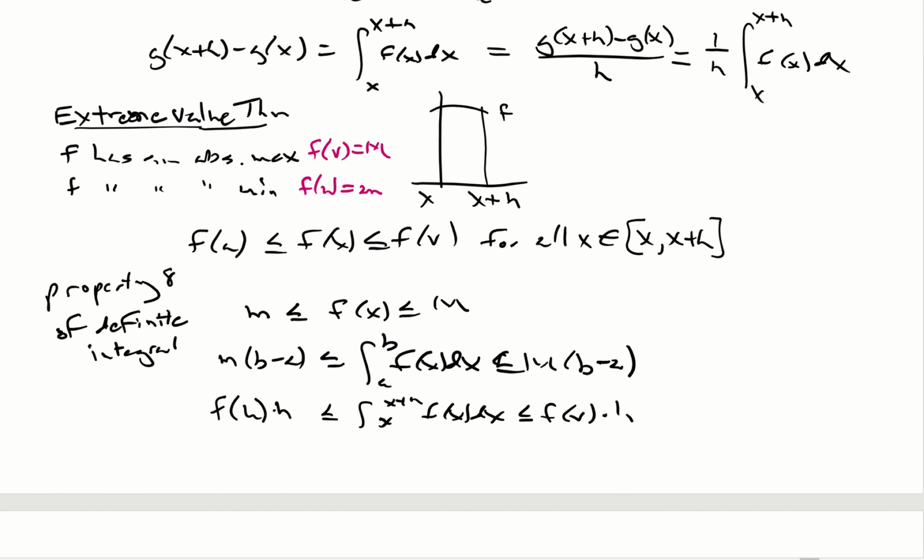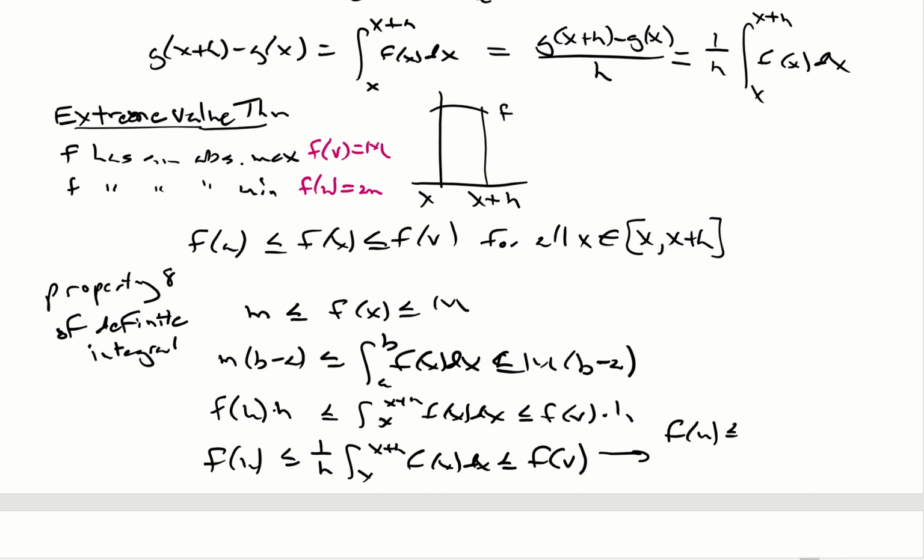So therefore, f of u is less than or equal to 1 over h times this integral, from x to x plus h of f of x dx, less than or equal to f of v, which means basically another way of writing it is that f of u is less than or equal to g of x plus h minus g of x all over h, less than or equal to f of v.